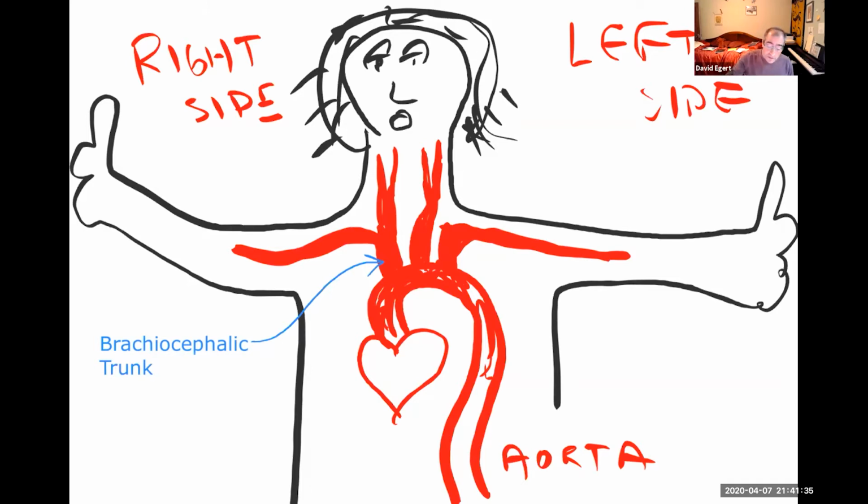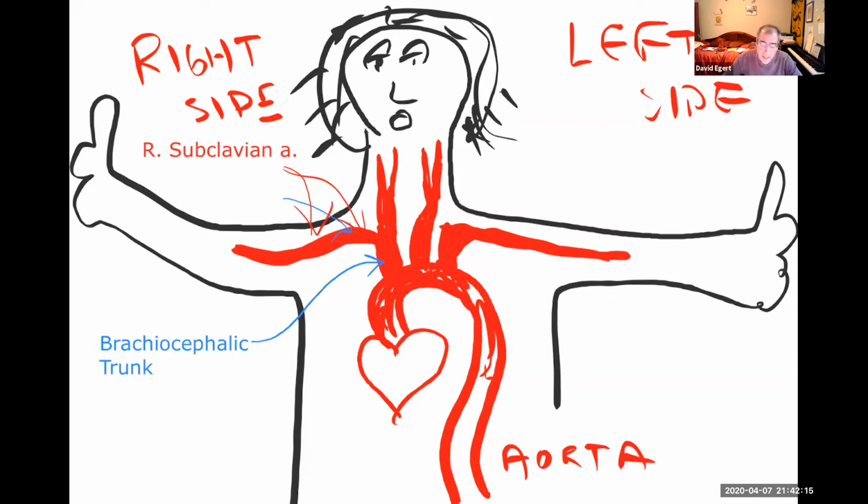And it branches. It has one branch that is going to go towards the arm. That is called the subclavian artery, the right subclavian artery right there.